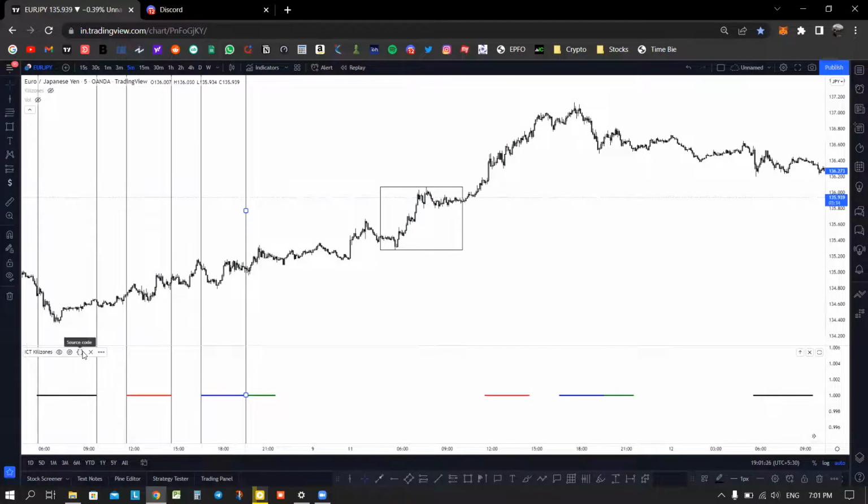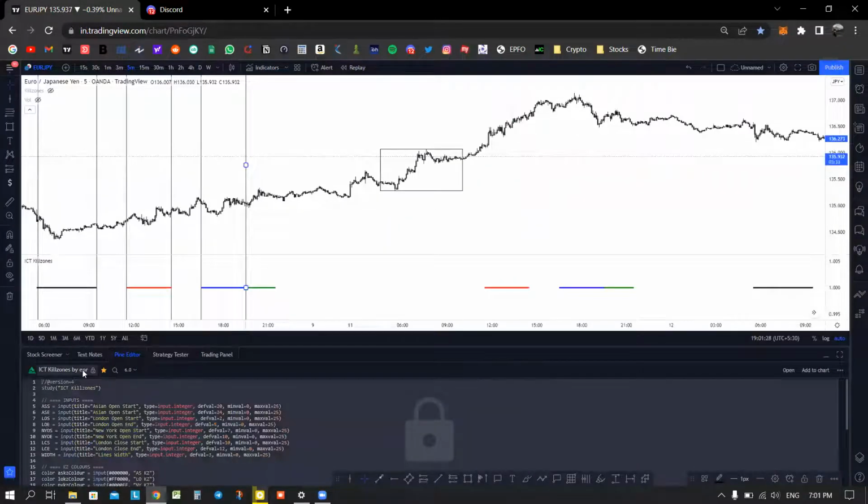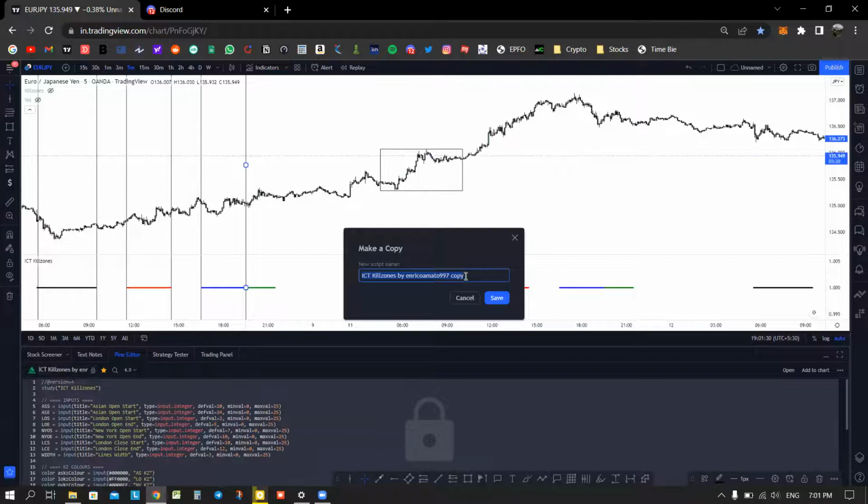I will send you the screenshot. You can just check out this one. You see, it's Kill Zone by Enric, something like that. I will just send a screenshot. Is that on TradingView? You can find it on TradingView, but it is on the paid version. All right, I'll have a look.